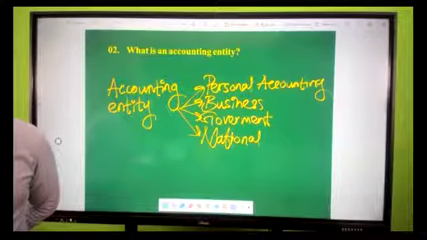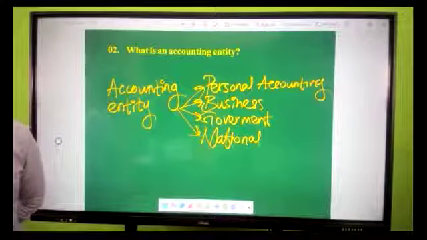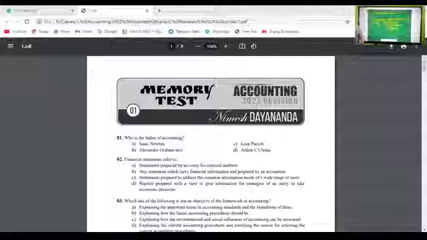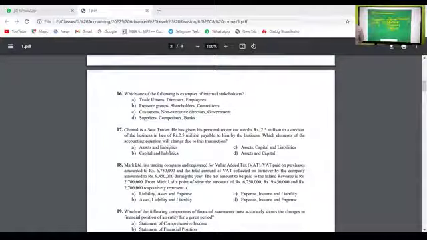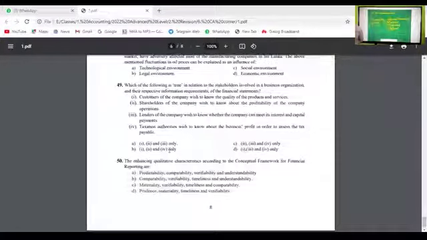Okay, then if you have it, this is what we need to do at the end of the first chapter. After doing the first chapter, a memory test is given. Here 50 questions are there, right?